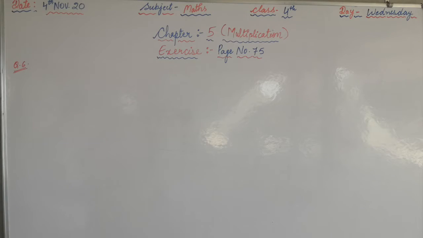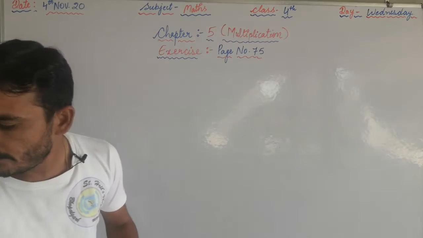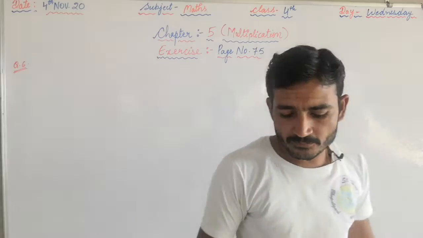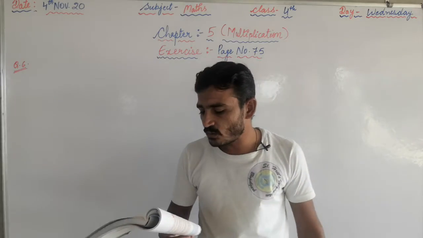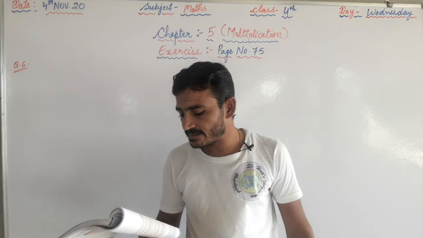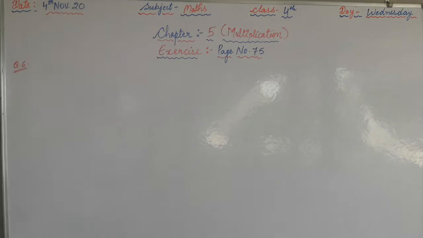Okay. First, read the question carefully. A book costs rupees 567. What is the cost of 178 such books? So see question number 6.